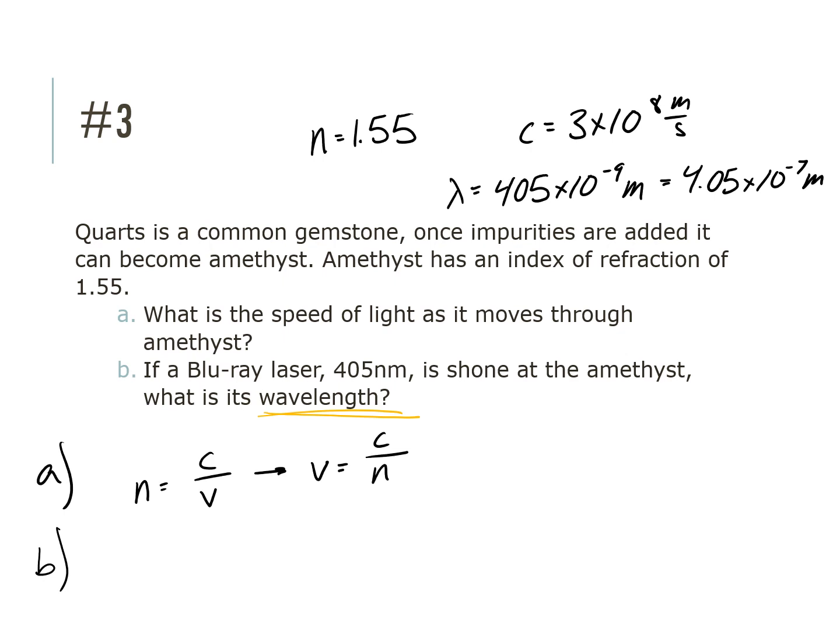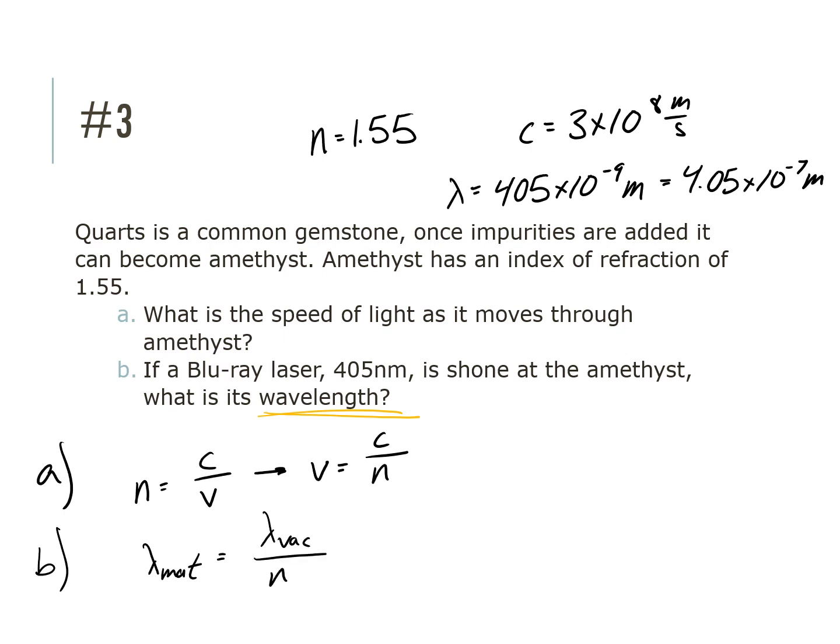So we could either use directly the equation that is given in the possibly useful equations. So we have the wavelength in the material being equal to the wavelength in a vacuum, divided by n.